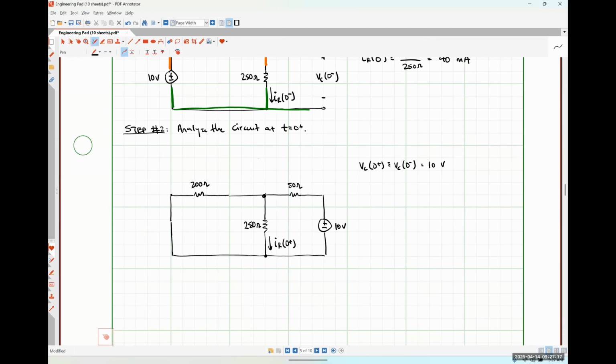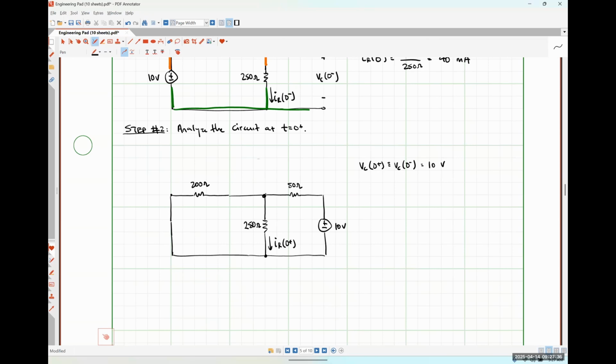So we could also find REQ to find the current flowing through the 50 ohm resistor and then use current division to find out how much splits off. Yeah, so we've thus far covered 3 different options, all of which are exactly 2 steps.